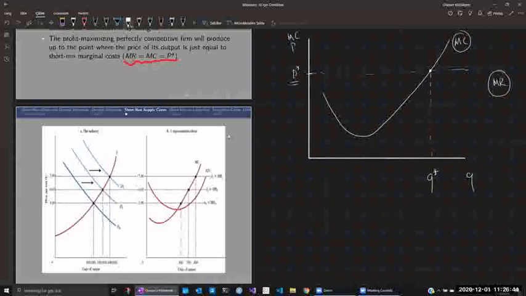Now the question is the following. This condition, marginal revenue equals marginal cost. Is it a necessary condition? Or is it a sufficient condition?